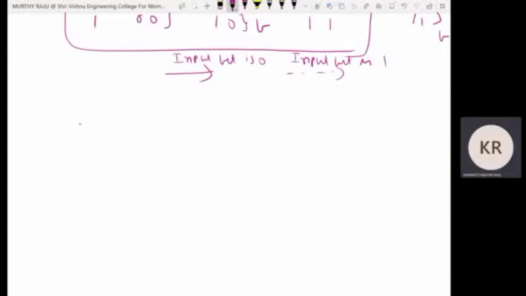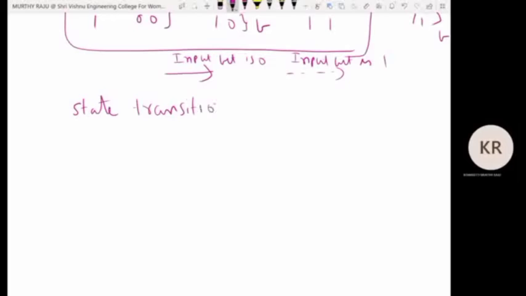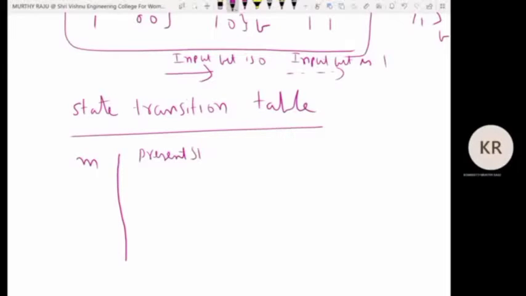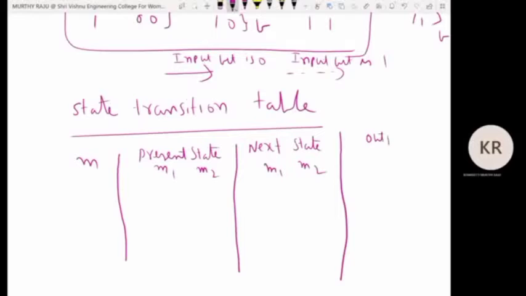Therefore, complete state transition table. The state transition table has columns: M, present state M1, M2, next state M1, M2, outputs X1, X2.